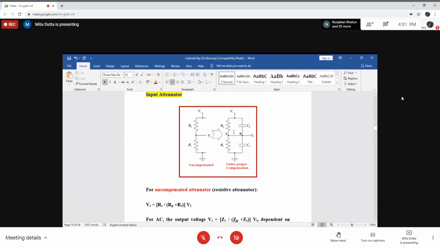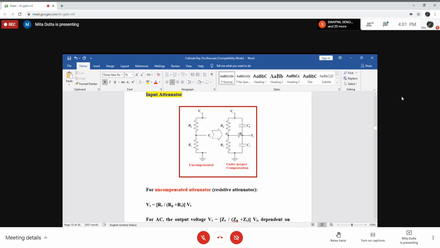Now here, this attenuator forms a bridge. Say RP is one arm of the bridge, CP is another arm, RS is another arm, and CS the fourth arm of the bridge, and in between we have kept a detector. And when the bridge is balanced, there will be no current flowing through this detector.